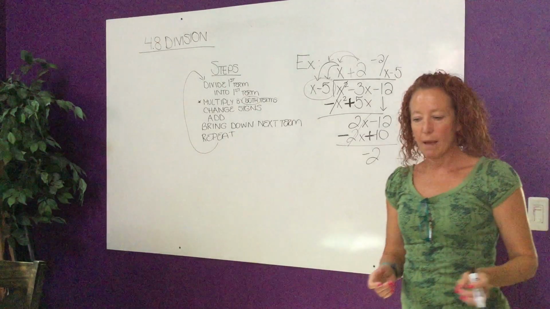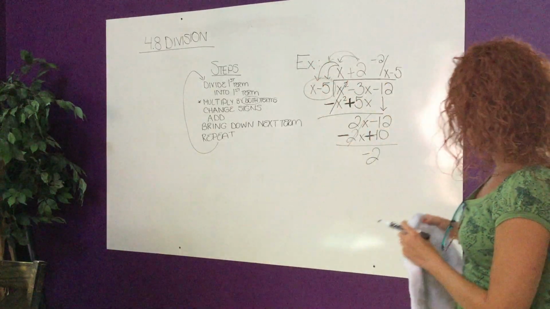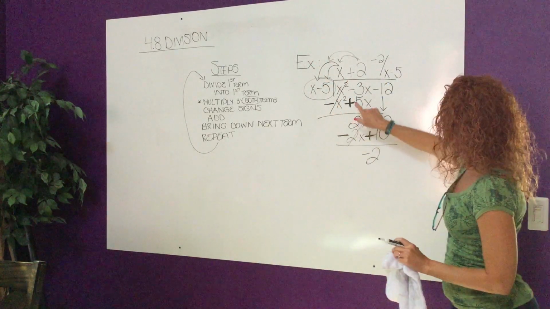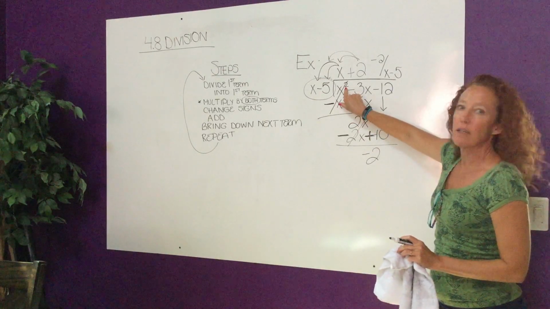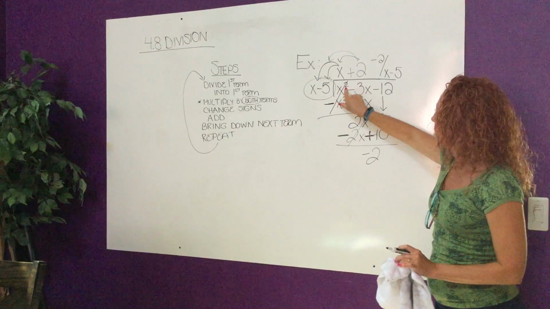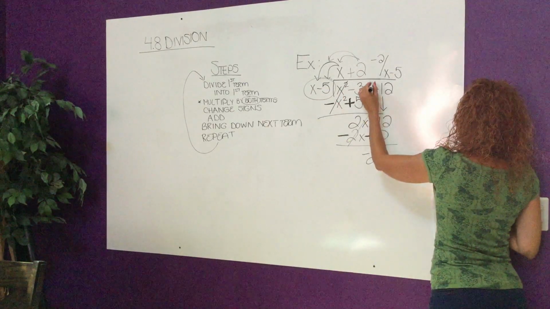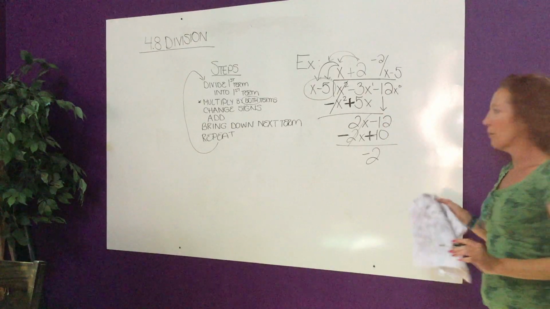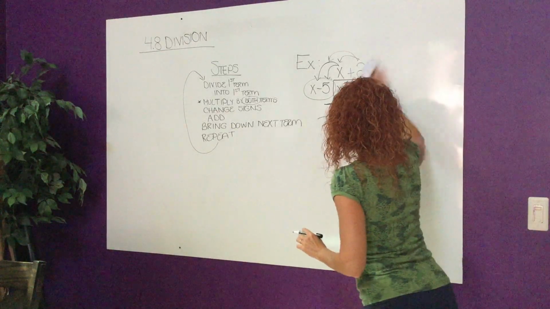All right, what happens if we don't have a polynomial where, please notice real quick, this has a polynomial in descending order with no terms missing, meaning we have x squared, we have x to the first, and then we have that constant term.